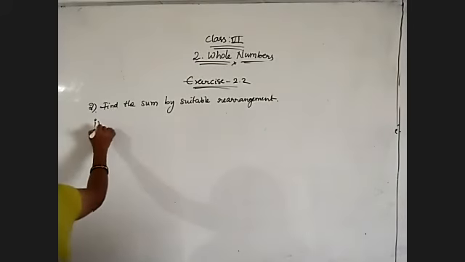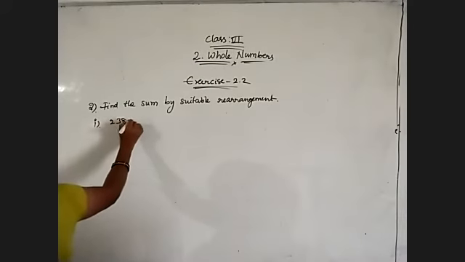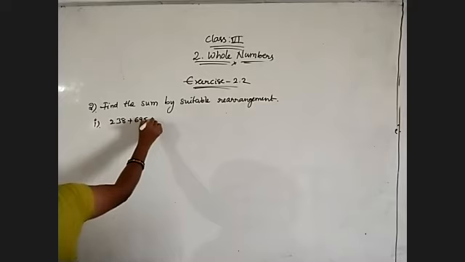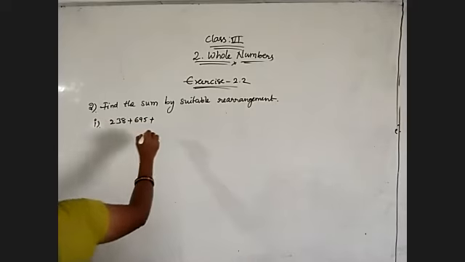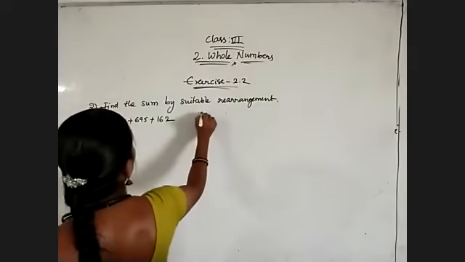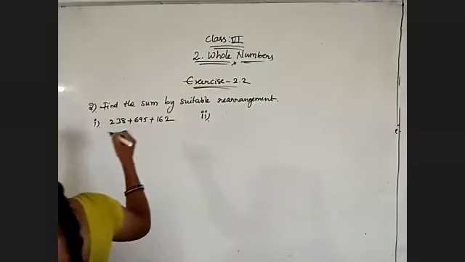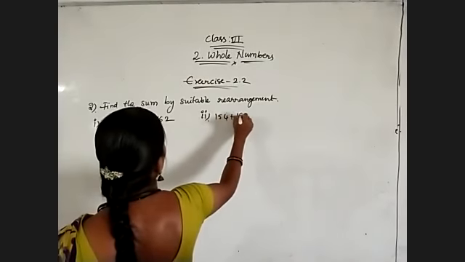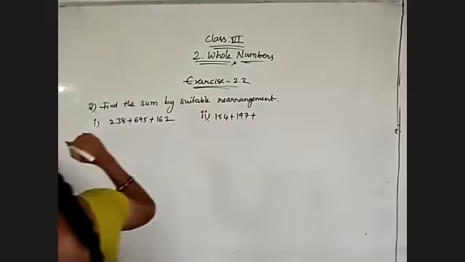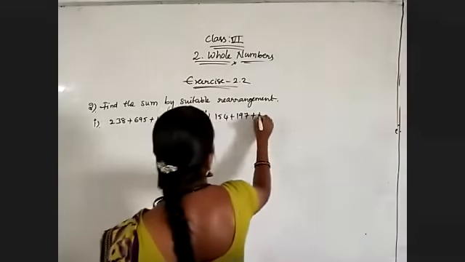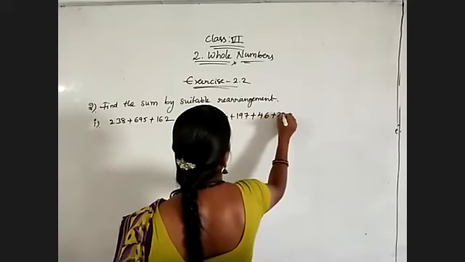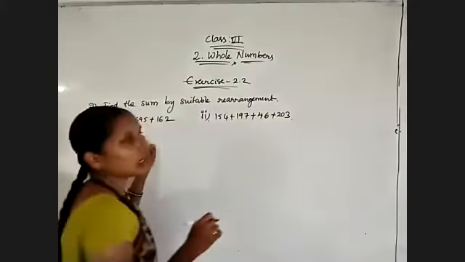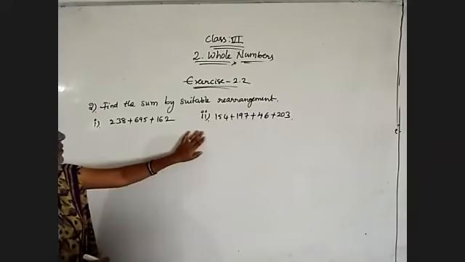First question is 238 plus 695 plus 162. And my second question is 154 plus 197 plus 46 plus 203. Okay, now here 3 numbers and here 4 numbers we have.